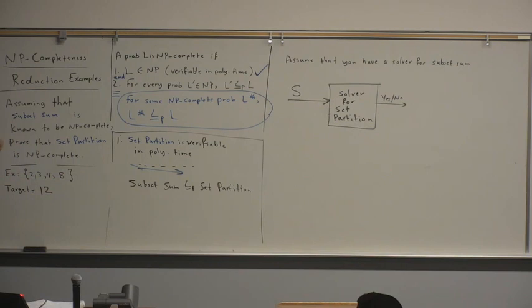So use this example. You have this set and your target is 12. So should the solver say yes or no? Yes. It should say yes, because you have 4 and 8. So it should say yes.